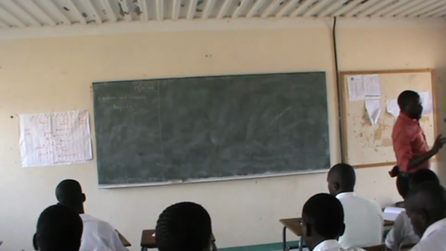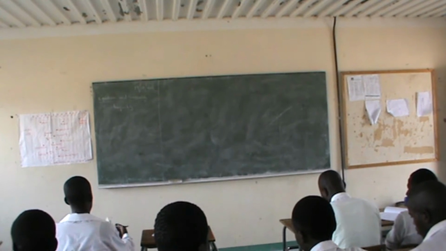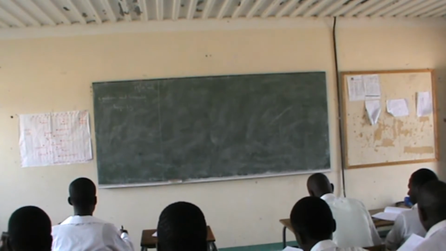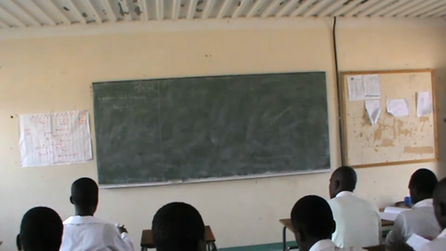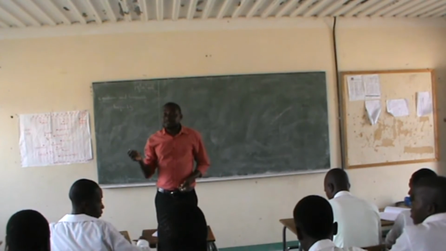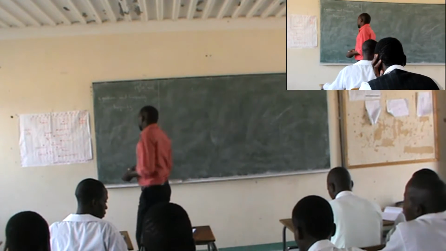When you look at the equation, we say there are two expressions which are equal, isn't it? Now, what about inequality? Inequality is about what? Things which are not equal.